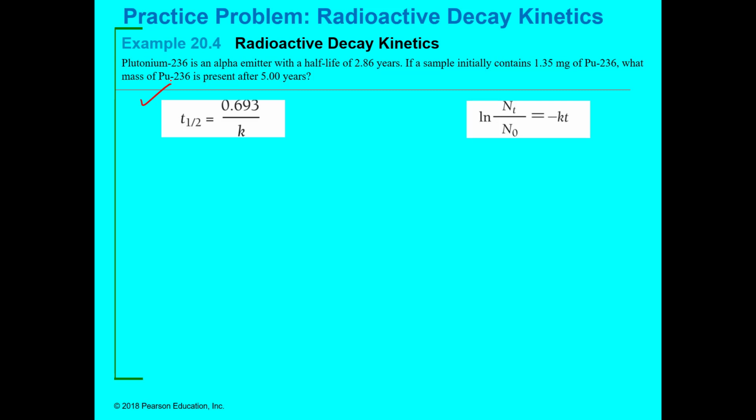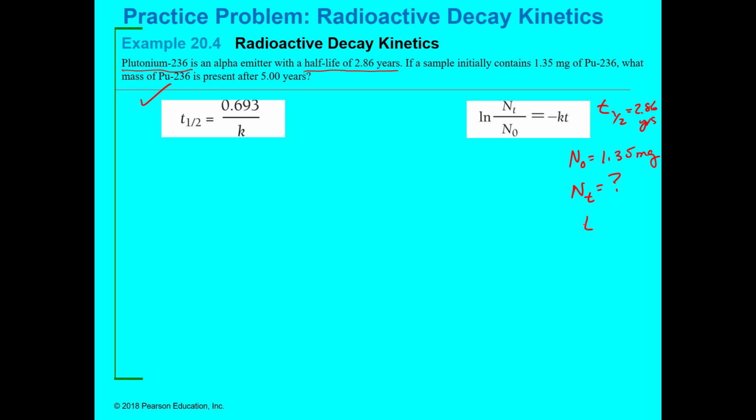So in this problem, it's plutonium-236. It's an alpha emitter. It has a half-life of 2.86 years. So T1/2 is 2.86 years. If the sample initially, so that's N0, contains 1.35 milligrams of plutonium-236, what mass, so I'm looking for NT, is present after 5 years?